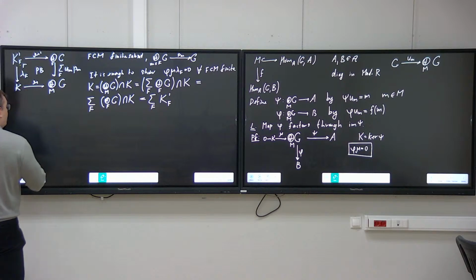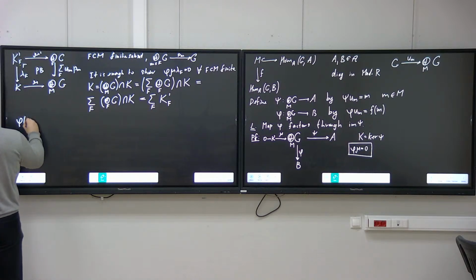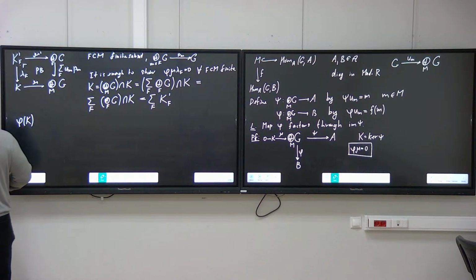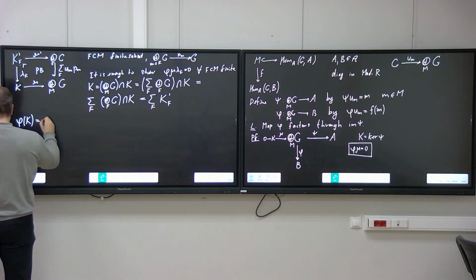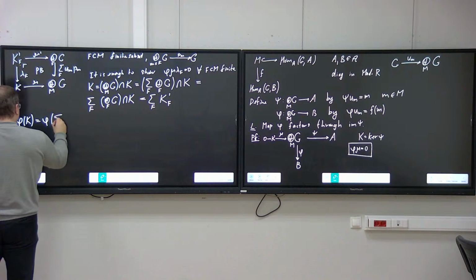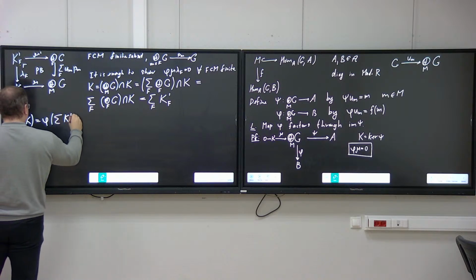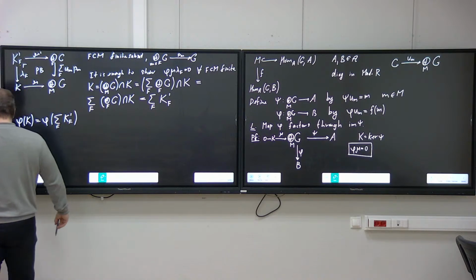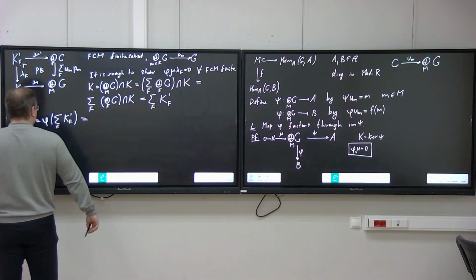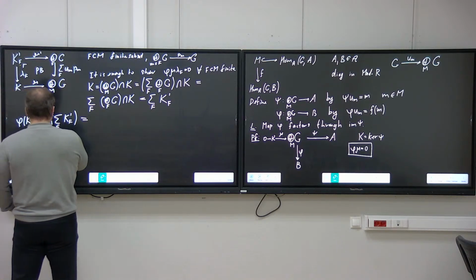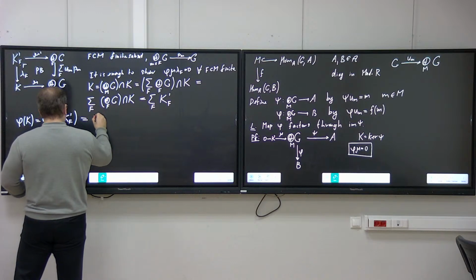So then, when I have this formula, I can compute phi of the K. So that's the phi of the sum of the K prime F, so sum over F. Now, in any abelian category, I can compute the map on the sum.